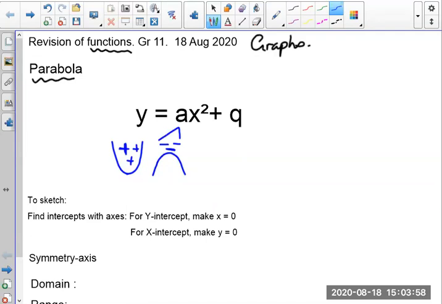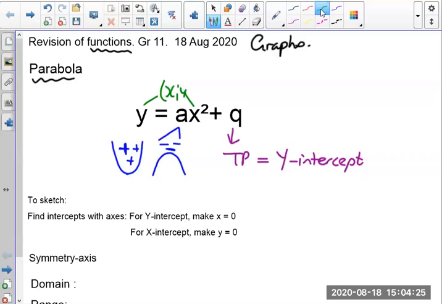Then the q. Now for grade 10, the q was the turning point as well as the y-intercept. The turning point and the y-intercept was the same point. I will do an example just now. And of course, the x and the y, that's almost the most important thing.